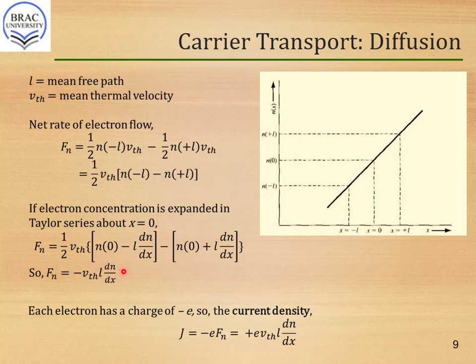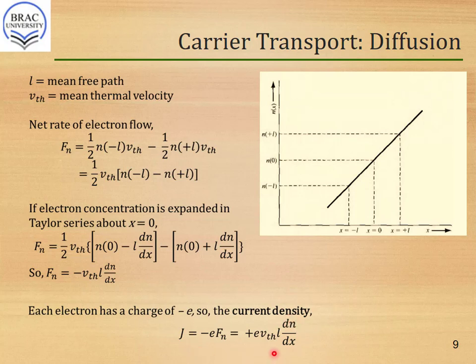If we put the value of Fn here, we will have plus E Vth L d by dx of n. Here E is the charge of each electron, Vth is the mean thermal velocity, L is the mean free path, and n is the electron concentration, which is a function of x. If n were a constant, I mean if the case was for uniform doping, this differential would result in 0 and J would also be 0.